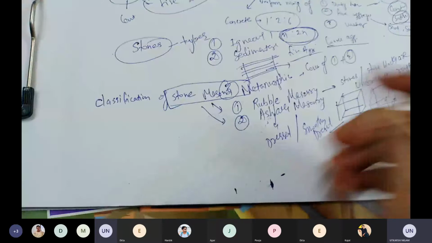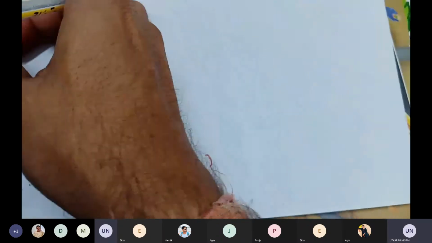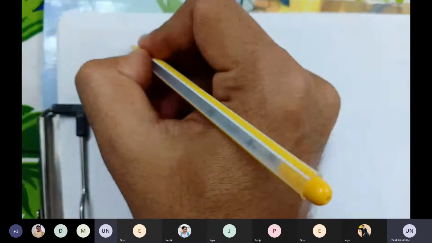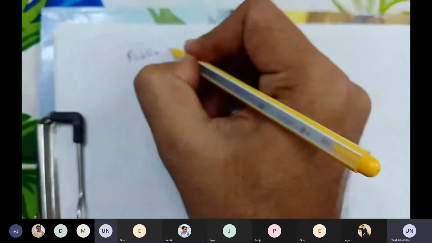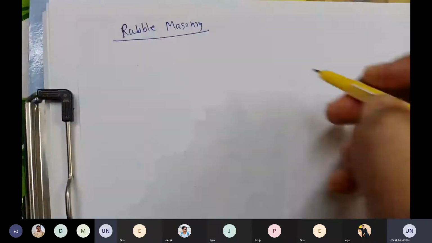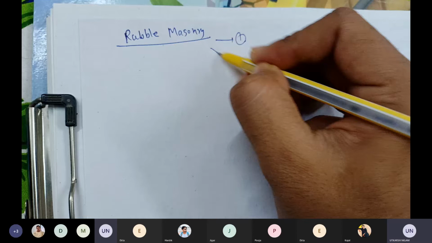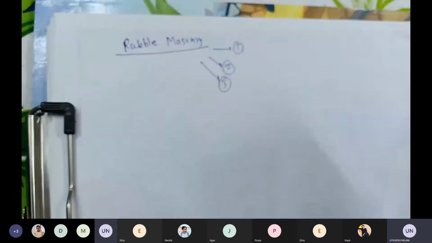Now again, rubble masonry is being further divided into types. This rubble masonry is further subdivided into three classes.